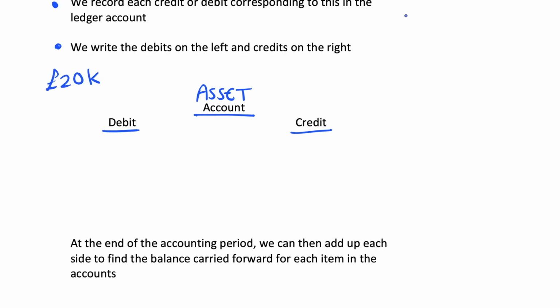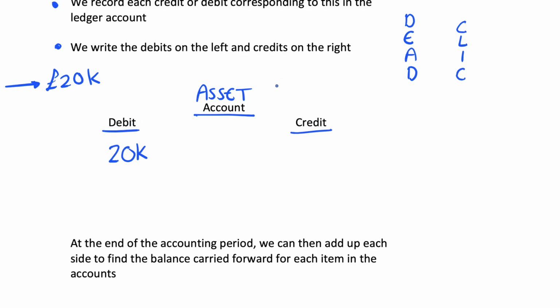And we had how to remember what's a debit and a credit with our acronym DEAD-CLIC. So we could see that if we purchase £20,000 worth of assets, we can add this into our debits column and say we have 20k debited into our assets ledger account.